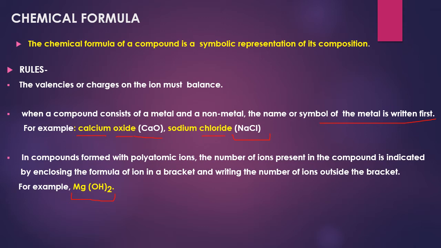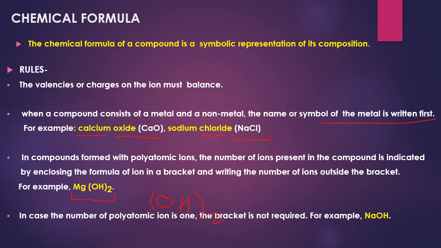That is why it is a polyatomic ion. When two OH ions combine together with magnesium ions, magnesium hydroxide is formed. And that is why the number is written after the bracket.